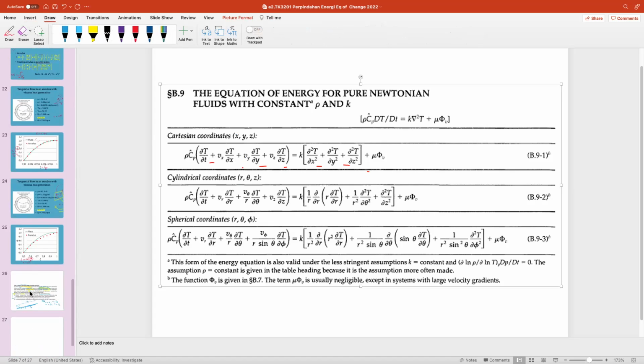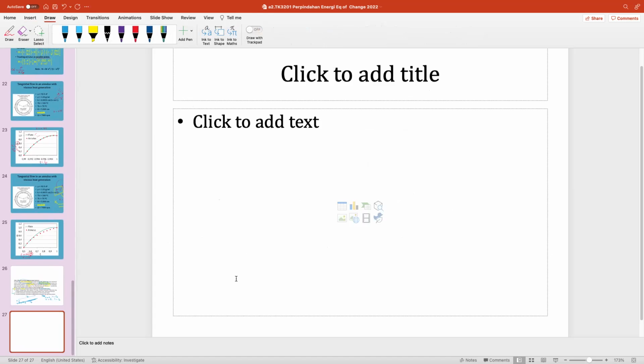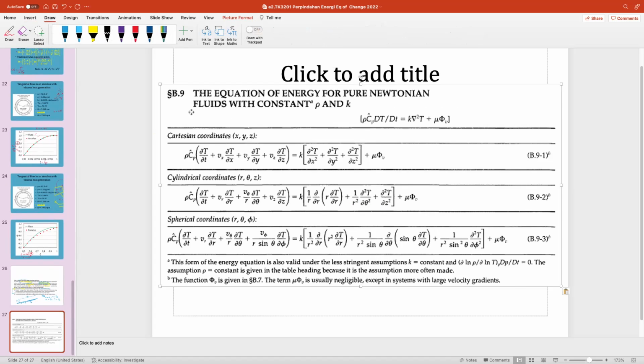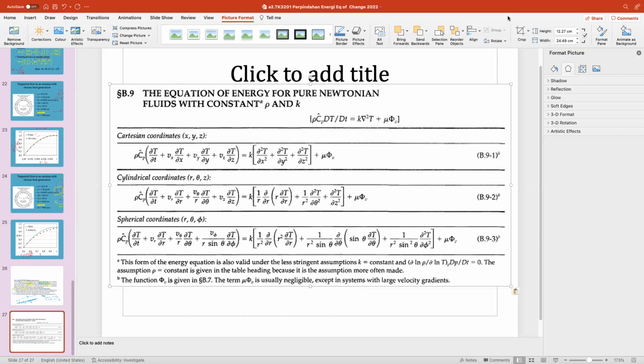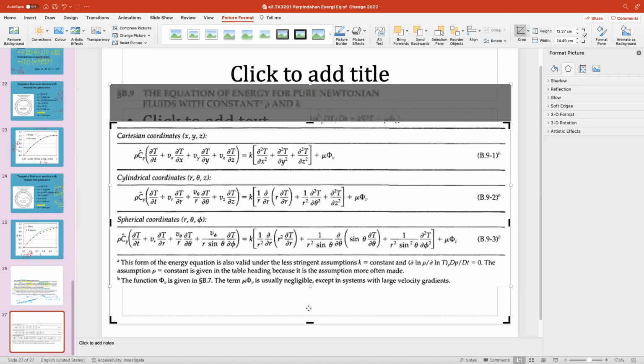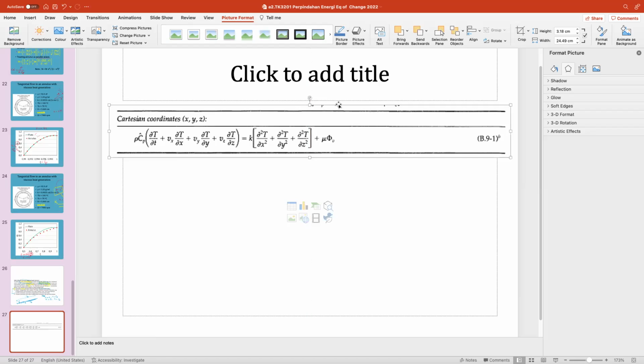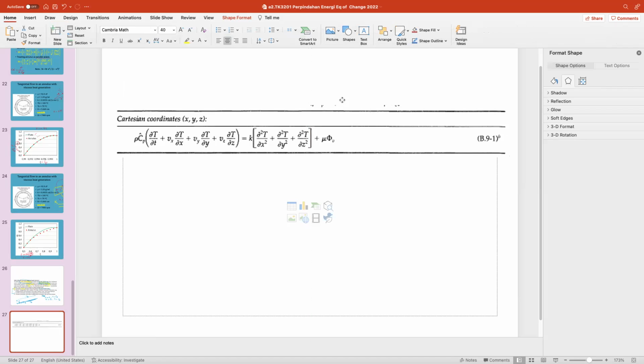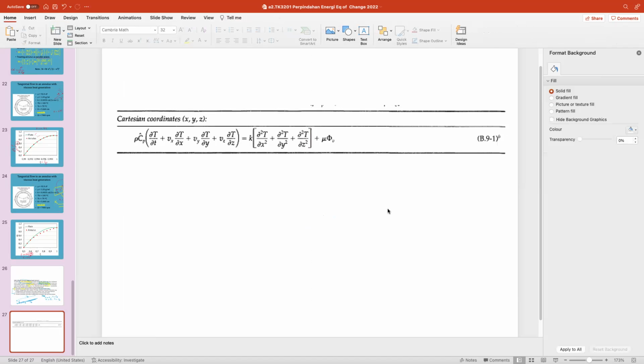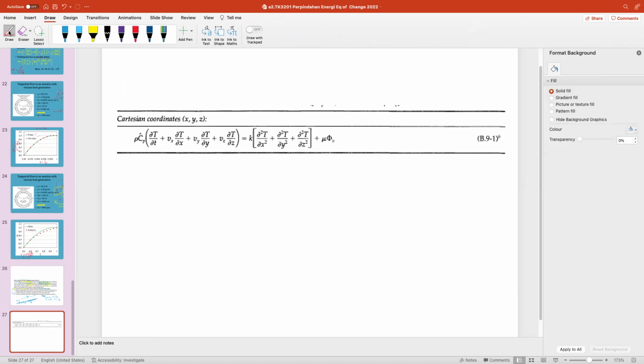So I can maybe copy here and then crop only the Cartesian coordinate. So this is the equation of energy.